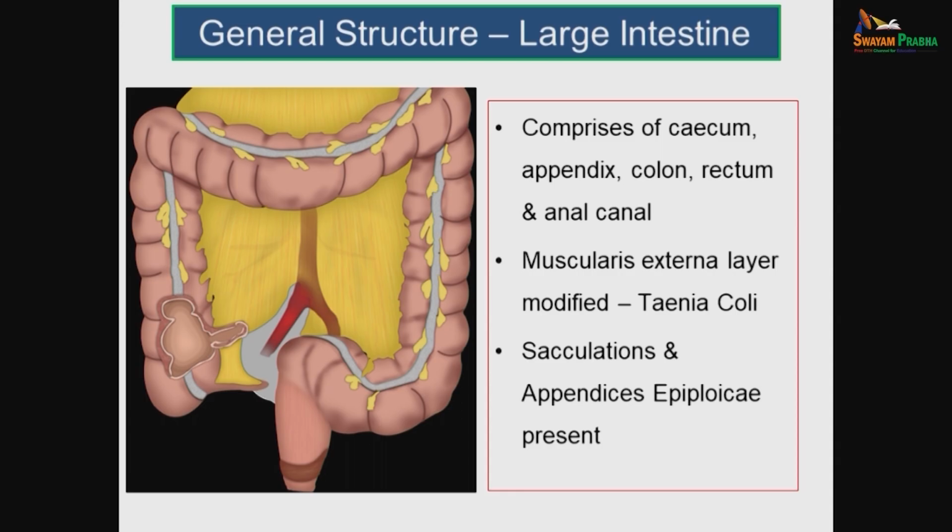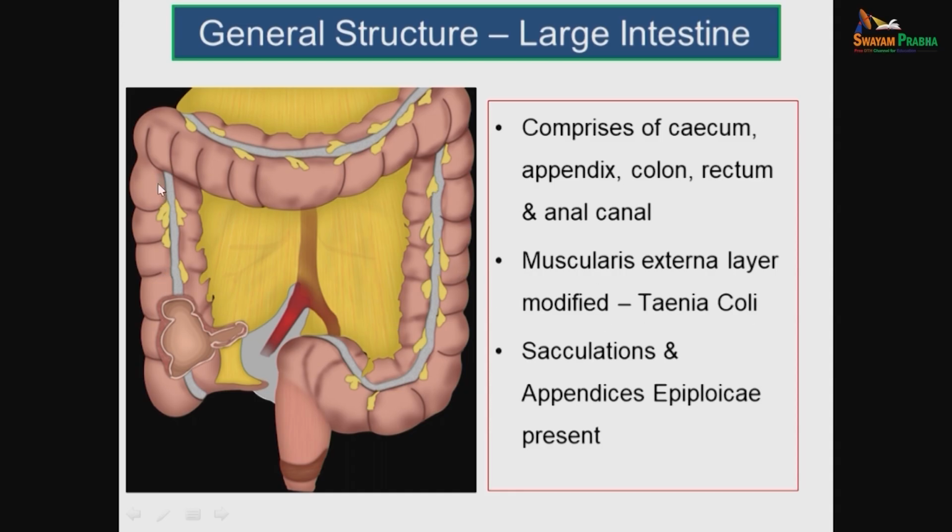With regard to the muscular layer, in the rest of the small intestine, and of course the stomach, there is a small change. If you see the small intestine, it has a circular layer and a longitudinal layer. In the large intestine, the outer longitudinal layer is modified in such a way that it is called the taenia coli.